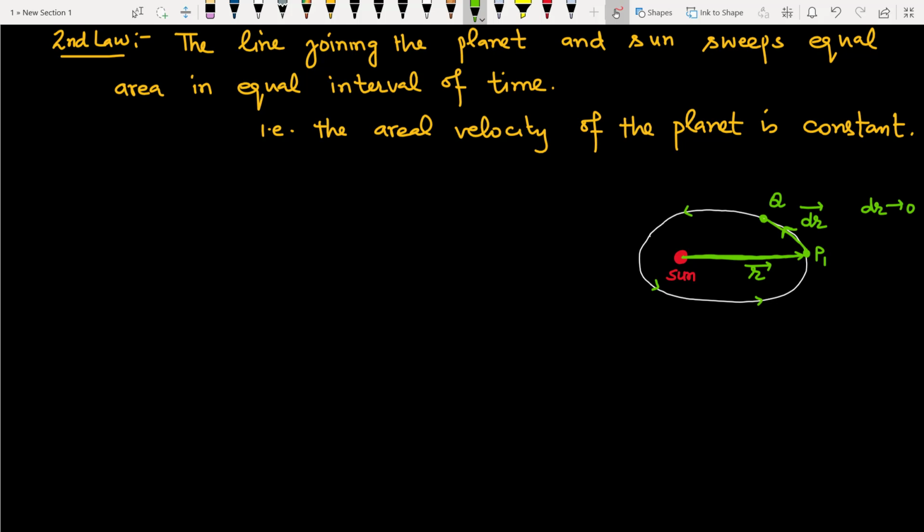Point Q is very close to P. Join this, then this vector will be r vector plus dr vector. Then the line joining the Sun and the planet sweeps this area. And we are to prove that the areal velocity while traversing this area is constant.